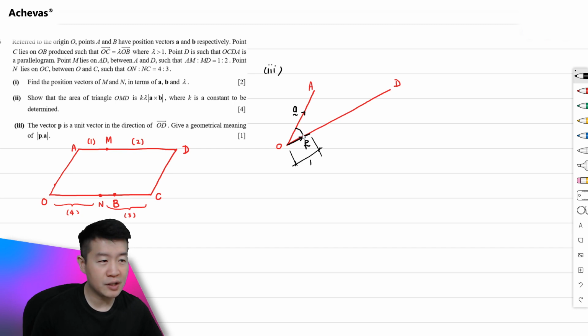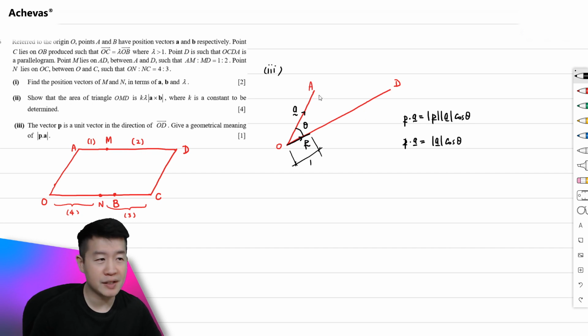If I call the angle between A and P theta, then we can write down P dot A in terms of theta: modulus of P, modulus of A, cosine theta. What is the modulus of P? 1. So on the right hand side, we'll just be left with modulus of A cosine theta.